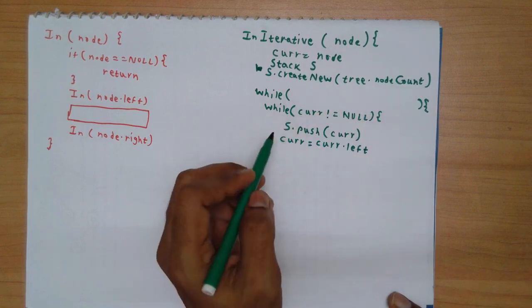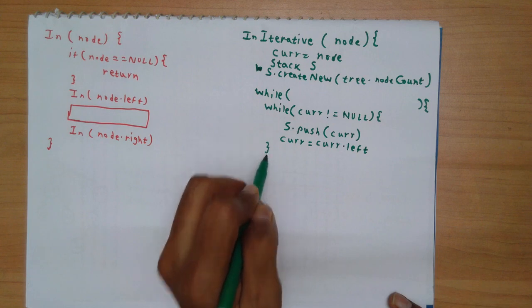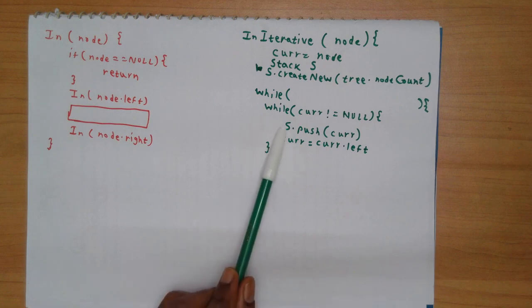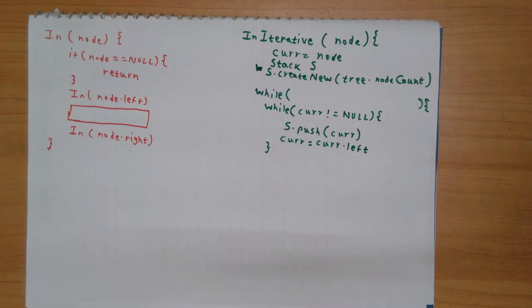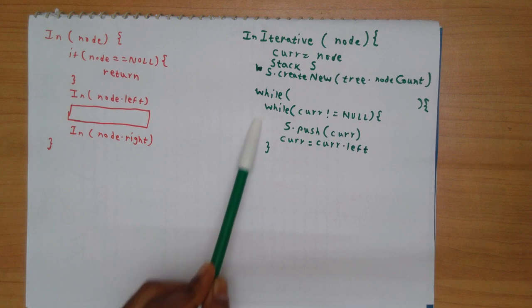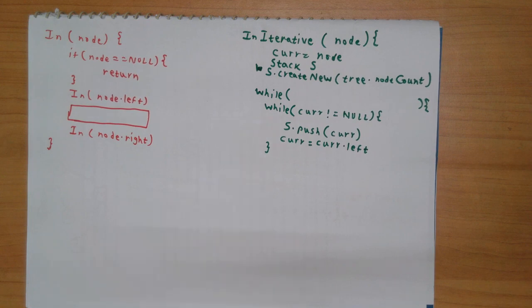So we keep on doing this till we encounter a null pointer to the left. But remember that every node along this path, we have saved to our stack. So once we break out of this loop, we are very well sure that our current is null. We are not pointing to anything.